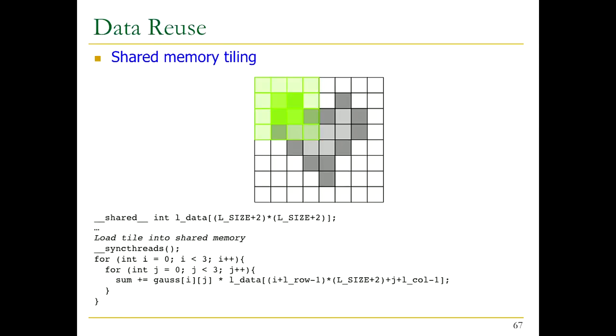And afterwards, we will execute this computation using the data stored in the shared memory. Okay? So that's why the shared memory is so useful for every single kernel where we have data reuse, as in the example of the Gaussian filtering or the example of the matrix multiplication that you saw before.